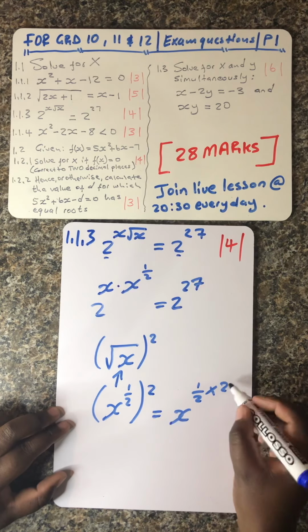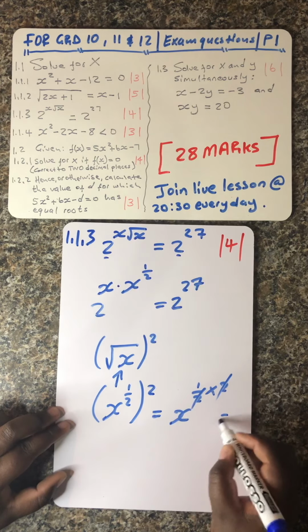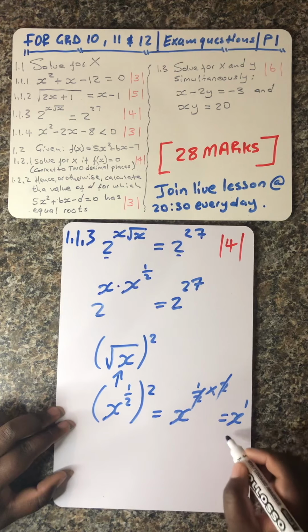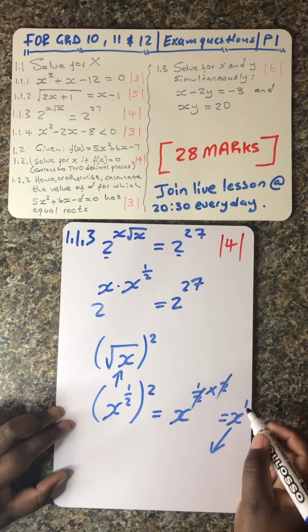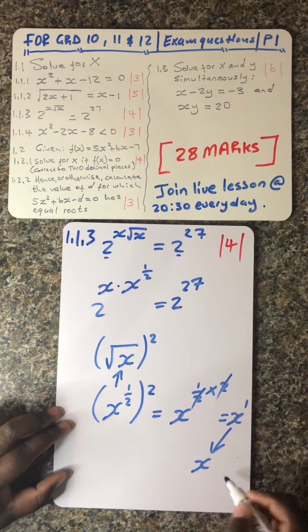So the reason you multiply by 2 to remove that square root is that x to the exponent 1 over 2 multiplied by 2 means these 2s cancel and you remain with x to the exponent 1. You remember from the basic rules, x to the exponent 1 is the same as x.